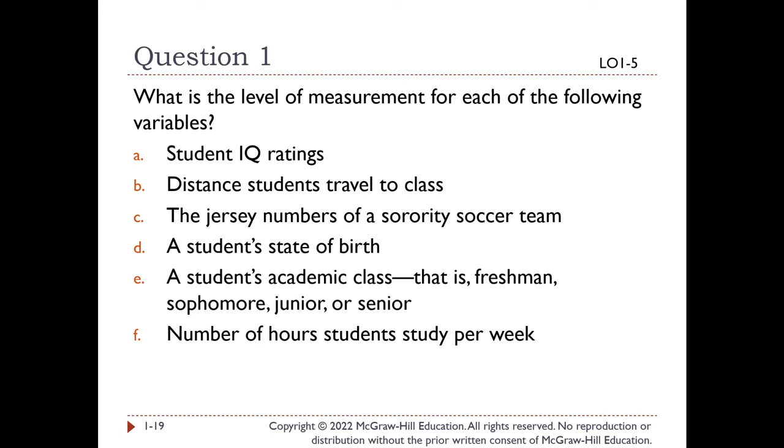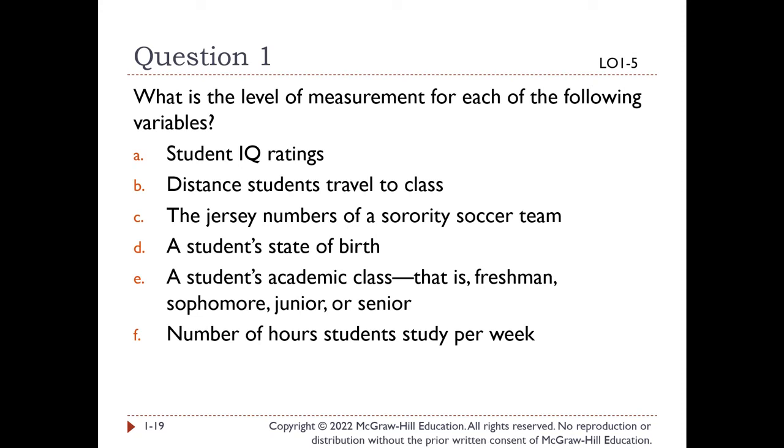D, a student's state of birth. E, a student's academic class. This is freshman, sophomore, junior, or senior. F, the number of hours students study per week. Again, pause if you want to answer these before going on.